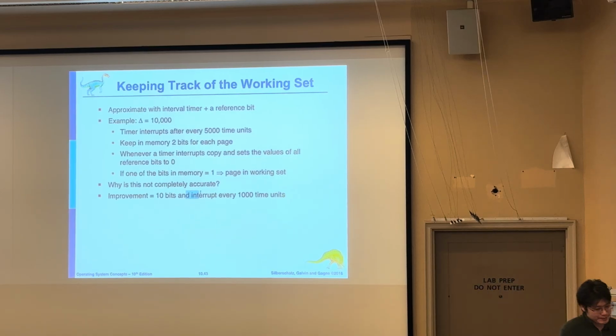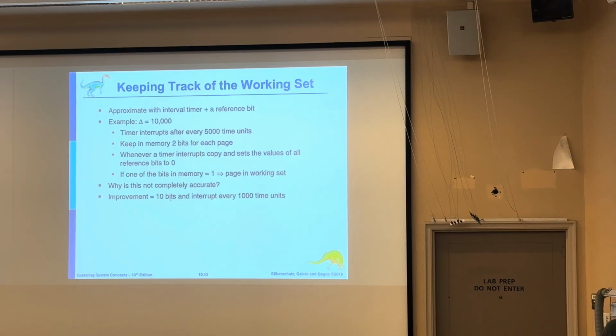To increase the accuracy, you can add more bits to record the frequency of page accesses, and you can reduce the time period that you use to detect the working set. But it's essentially an approximation. You can improve the accuracy, but there's no guarantee.